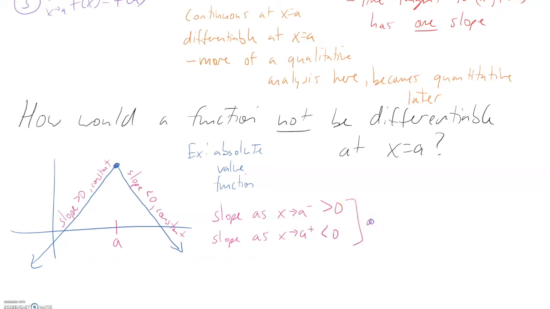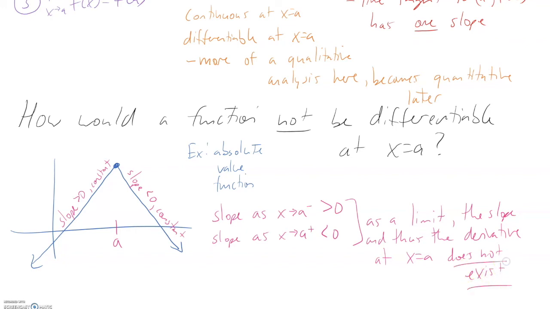Which must mean if we think in terms of limits, as a limit, the slope, and thus this idea of the derivative, does not exist at x equals a, for the same reason limits haven't existed before.